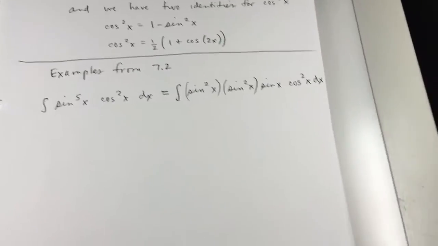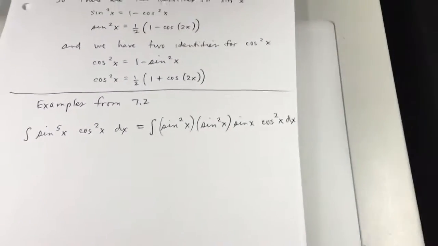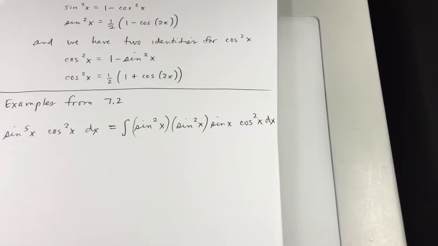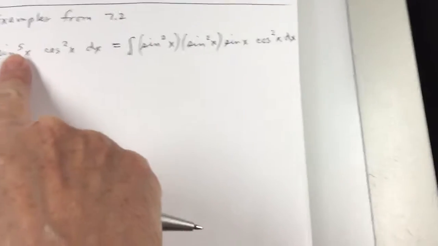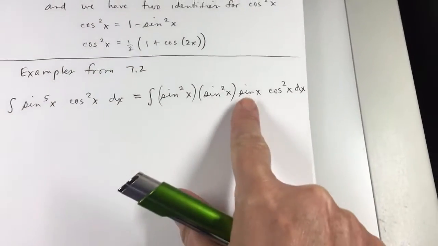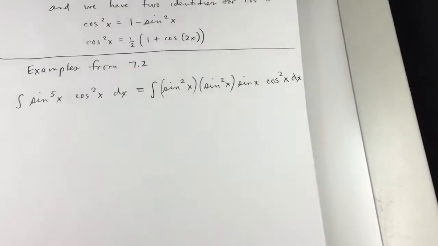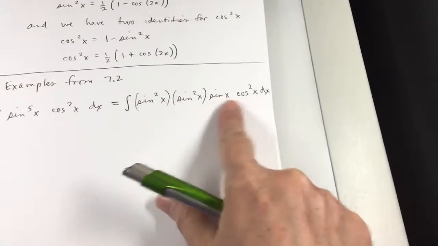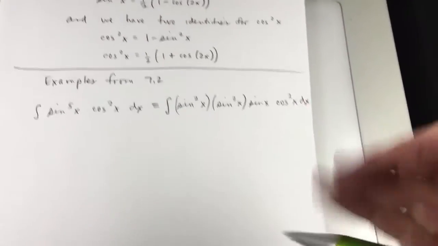I'm looking at the exponents, thinking which one might make a good du? Since I see that odd power on sine, I can factor off a sine x. Sometimes I say peel off a sine x, but factor is the correct word. I'll peel off that sine x. That's going to be sine x dx, the du in this problem.